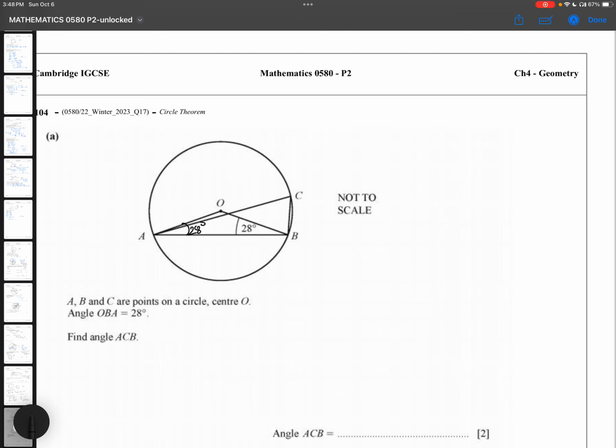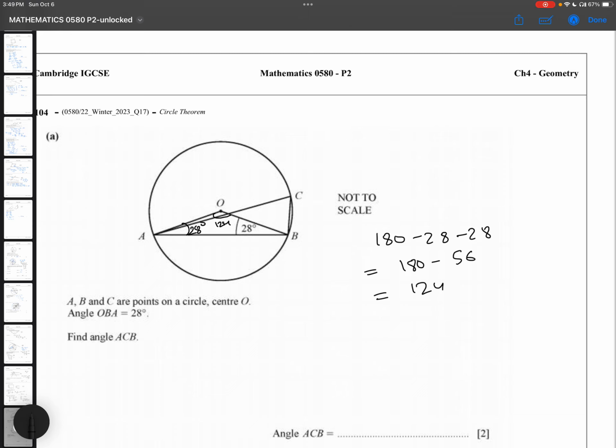So now I can calculate angle AOB. This one will be equal to 180 minus 28 minus 28, that is 180 minus 56, which is equal to 124. So this is 124.